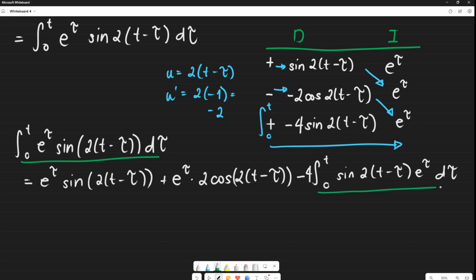These two are the same. If we let this be alpha, this will also be equal to alpha. We're just using substitution to avoid confusion and to shorten the solution.